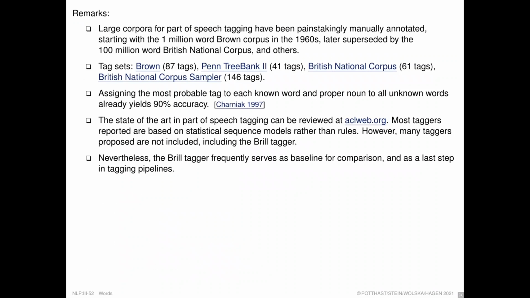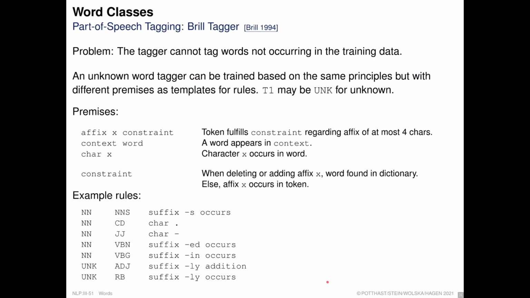Modern approaches to part of speech tagging use machine learning, and for the most part, I think it's still sequence learning that is most robust and performs best in the task of part of speech tagging. Those approaches are currently state of the art. However, this transformation-based approach is still worth knowing as a rule-based approach, as a conceptual approach which can be used in many other contexts.